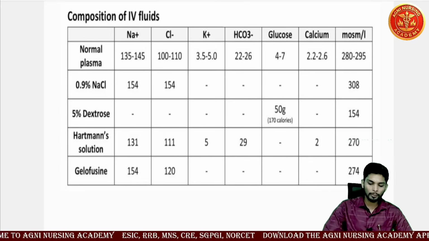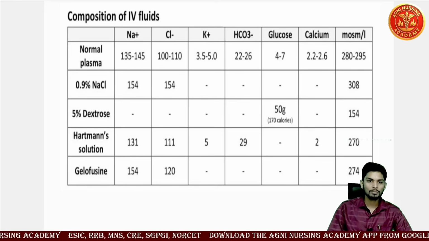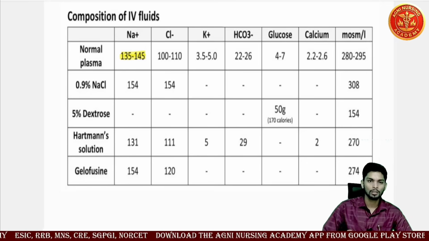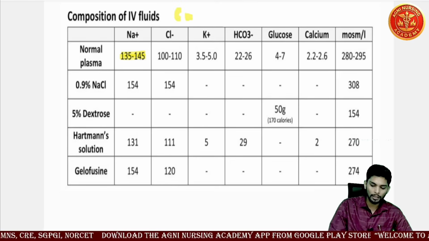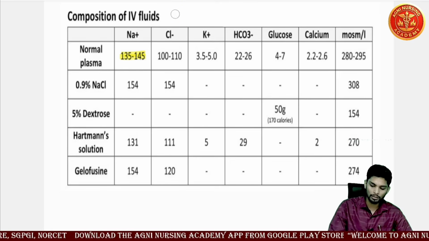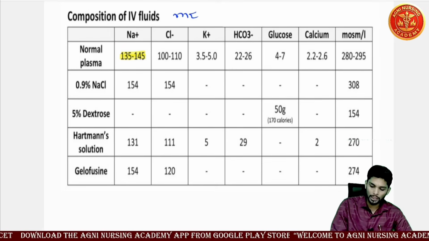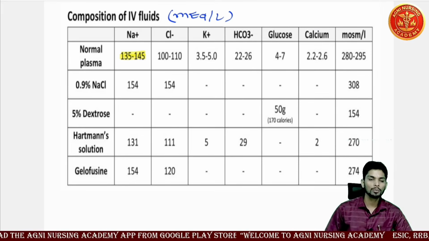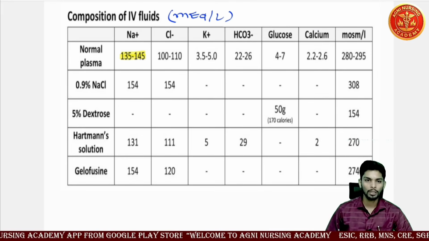In normal plasma, the concentration of sodium is 135 to 145 milliequivalent per liter. Okay. These all values are in milliequivalent per liter.